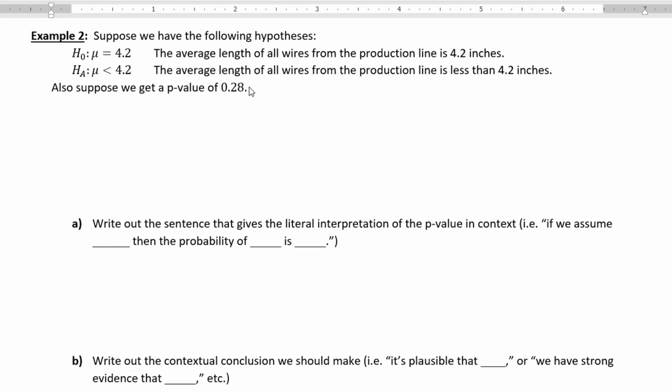And it tells us in the problem that we have a p-value of 0.28. So again, before I start answering the questions, I want to get a sense of what is happening here, given the information that we have. If we have a null hypothesis that mu is equal to 4.2, that means if we went out and created our distribution of sample statistics, our null distribution, we know that it would be roughly mound-shaped.